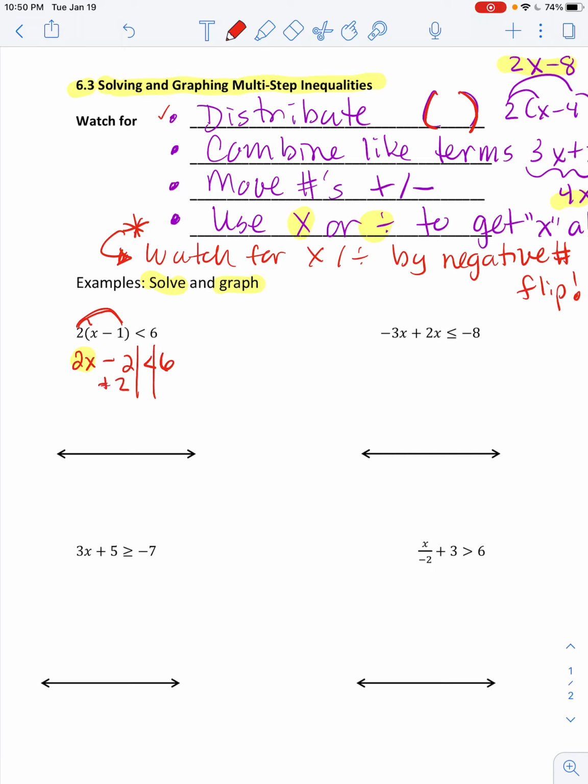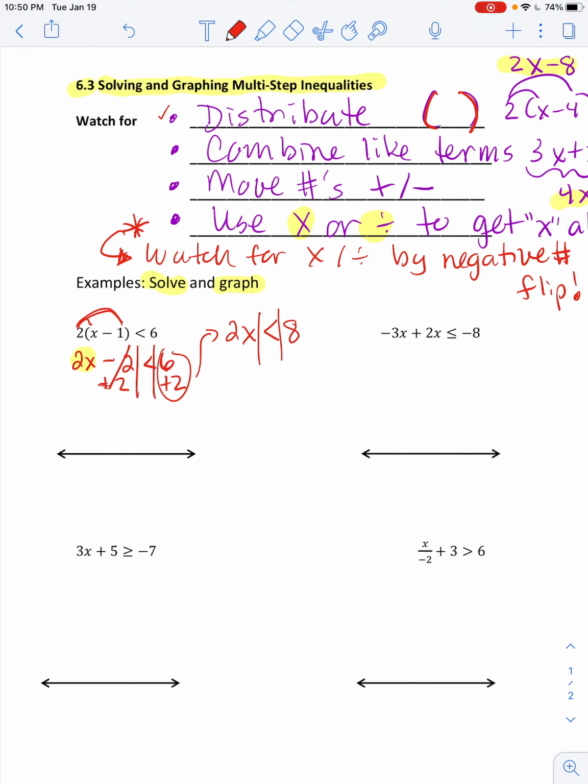To get rid of a negative 2, or a minus 2, I'll need to use adding, and I'll do that to the other side as well. At this point, I'll have a 2x on the left side, then my less than, and then 6 plus 2 puts an 8 on the right. Now I'm on my last step: use multiplying or dividing to get the x alone.